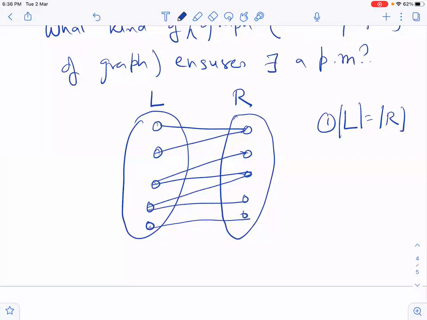No, sir. Can you say why? The top vertex in the R side is matched with both. Very good point. See, both these vertices are matched to this.